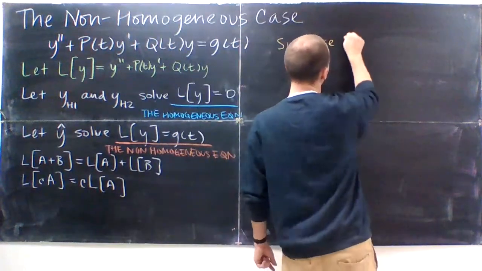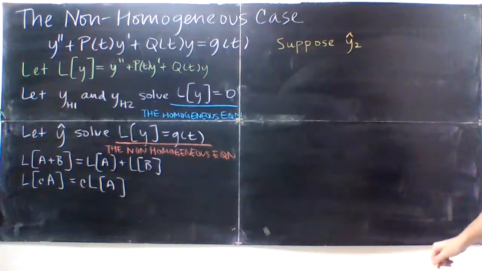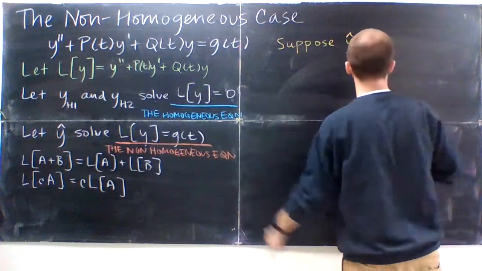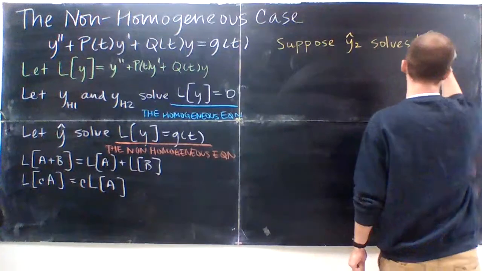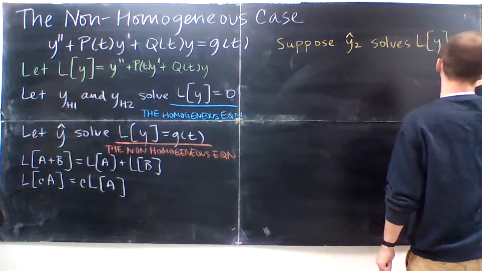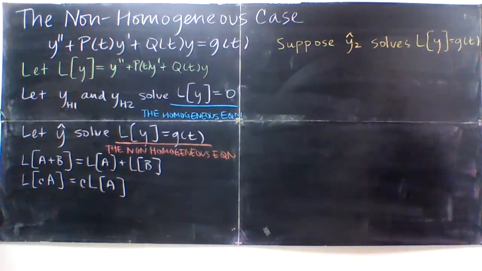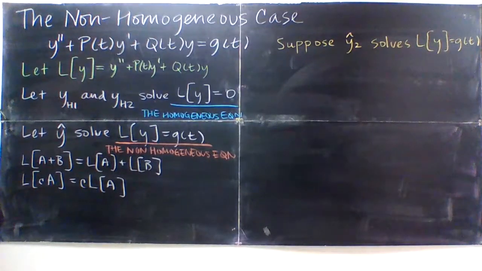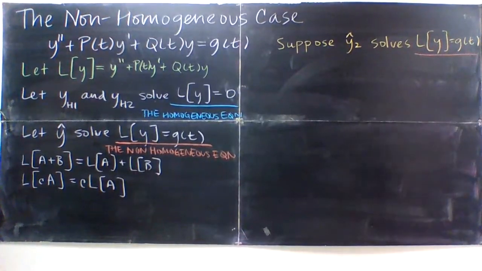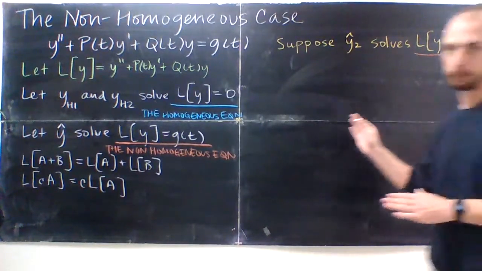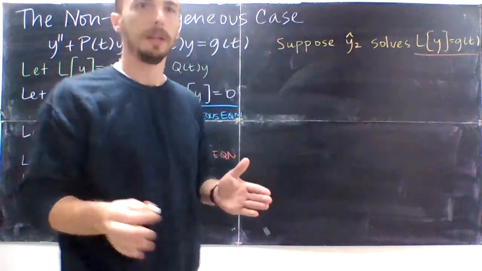So suppose y hat 2 solves the red equation. If that's the case, maybe I'll again underline that in red to emphasize I'm talking about the non-homogeneous situation. Suppose y2 solves that, y2 hat, or y hat 2, whatever you want to call it.